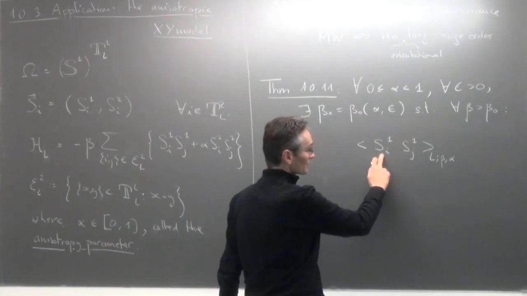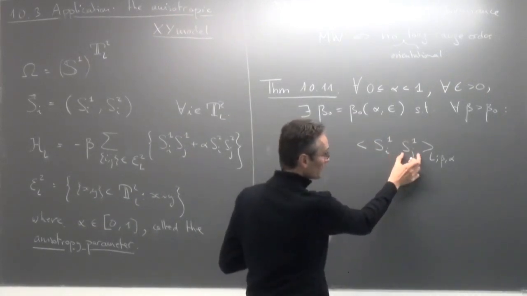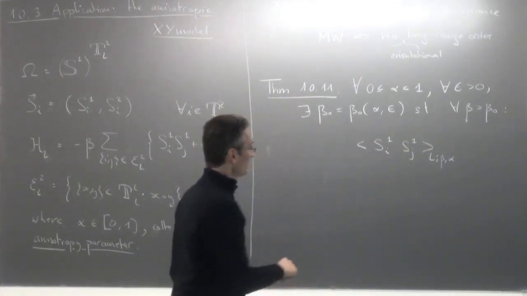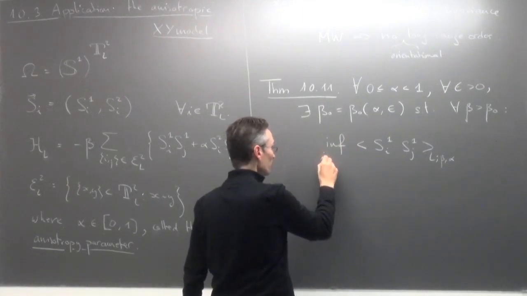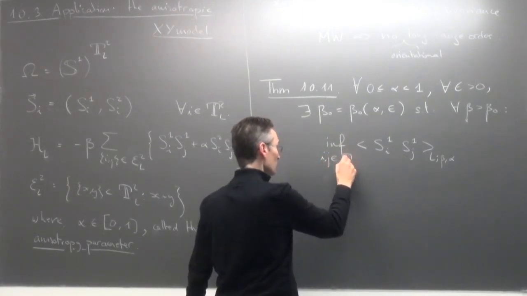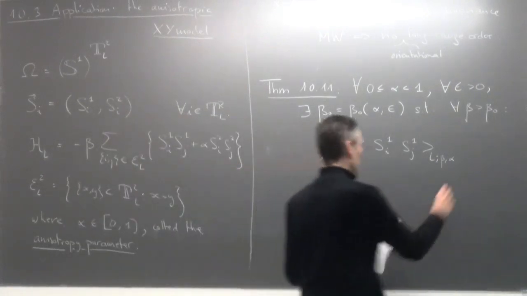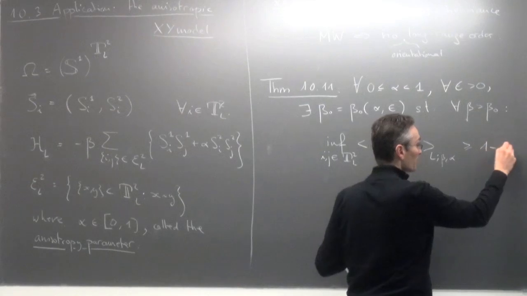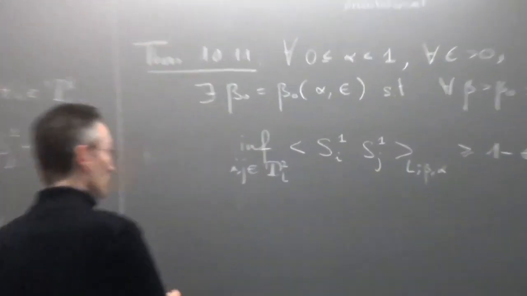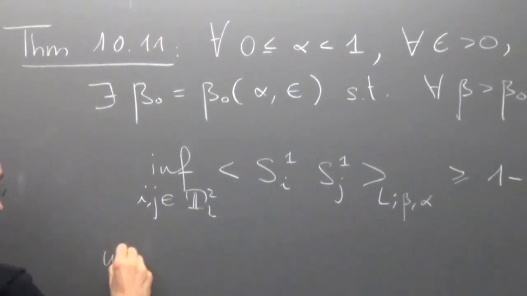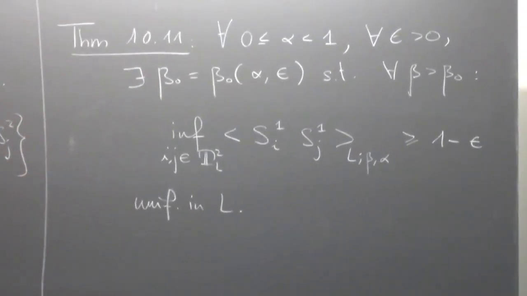So if I look at the projection along the first coordinate of the spin at j and the spin at i, this, if I take the infimum over all ij in the torus, is bounded away from 0. So this is actually as close to 1 as I want. It's larger than 1 minus epsilon. And that's uniformly in the size of the torus. So that's the first claim.